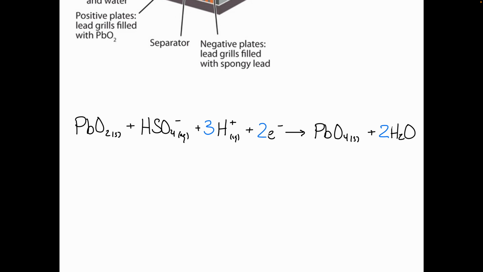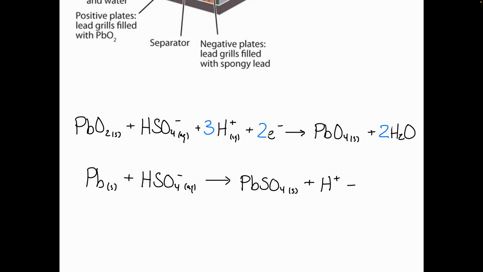All right, and at the other end, we got that spongy lead reacting again with this hydrogen sulfate from our sulfuric acid to produce lead sulfate, a proton, and 2 electrons.